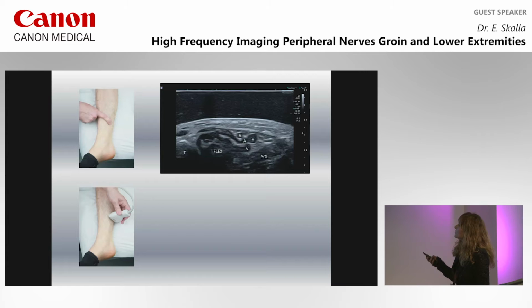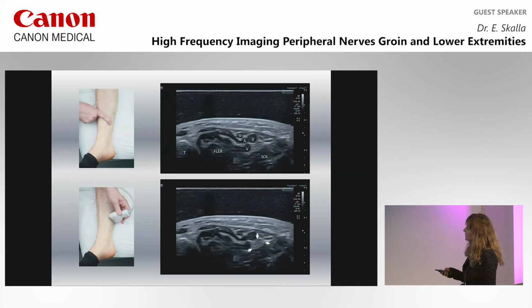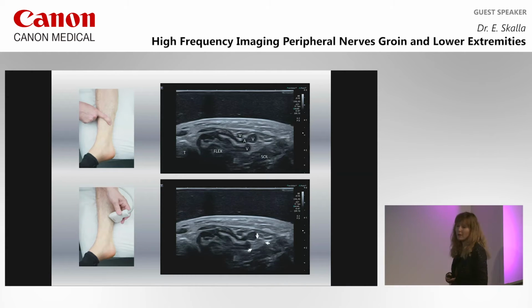When you do your ultrasound without any pressure, you can also see the accompanying veins. When you use pressure, they vanish. And then in the direct neighborhood, you can see the tibial nerve very quickly, very easily, and then follow it upwards or downwards to find the pathology.